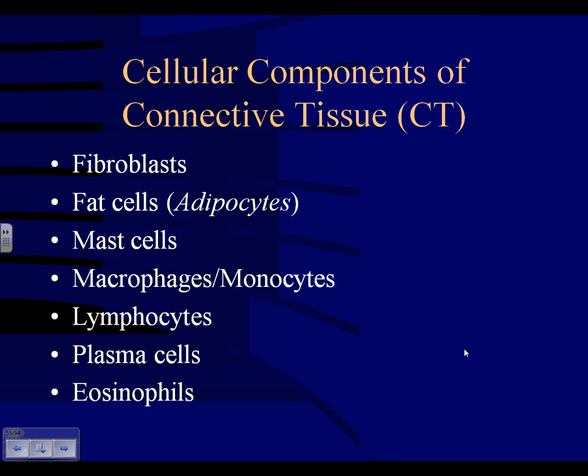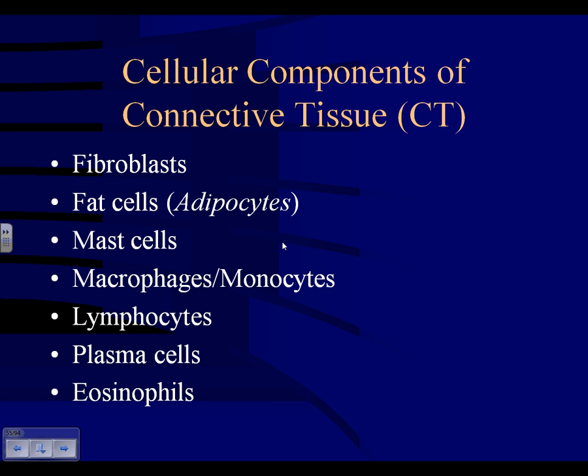So what are you going to see as components of connective tissue? Fibroblasts are the most important. These are generally little spindle cells that have a rather low NC ratio, and not only is the nucleus spindle-shaped or pencil-shaped, so is the cytoplasm usually. Fat cells are adipocytes.